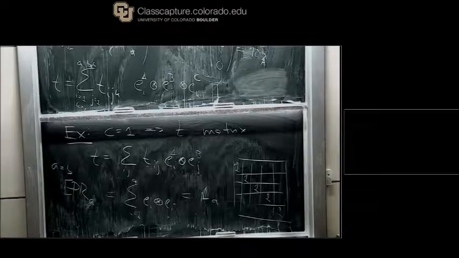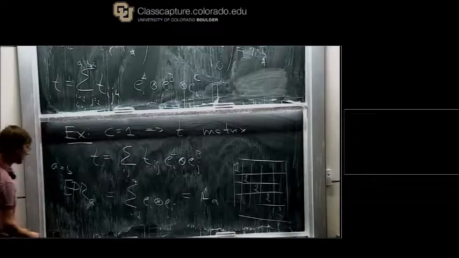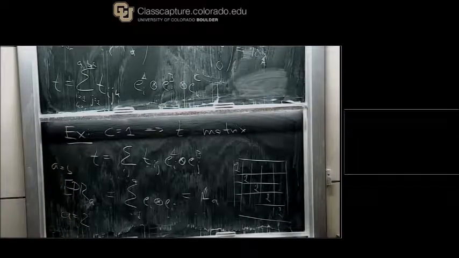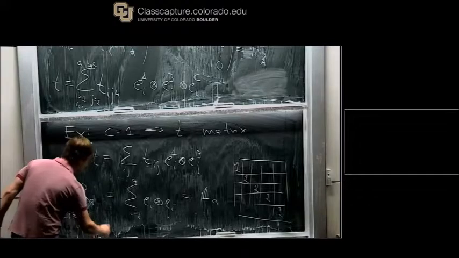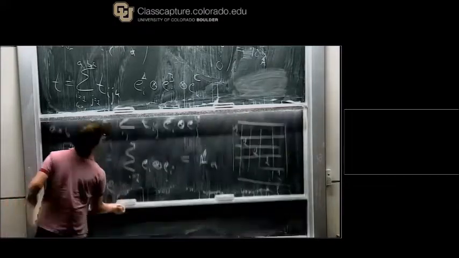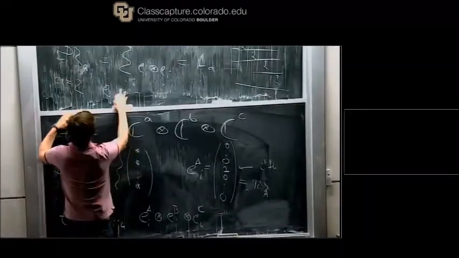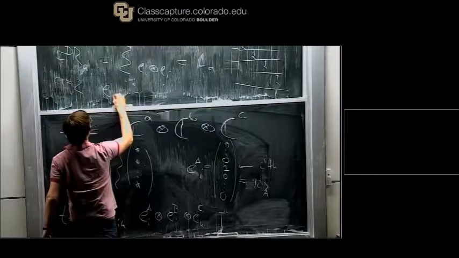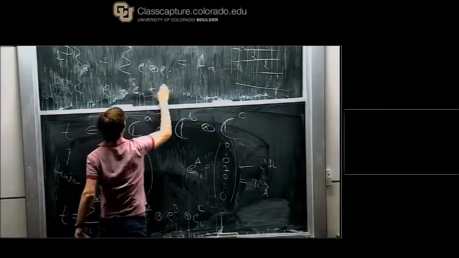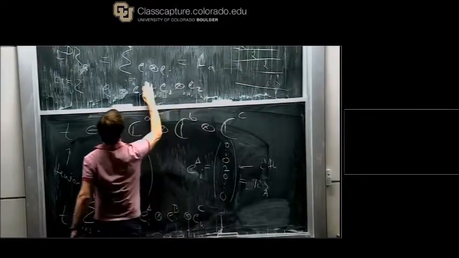Yes and no, it's more like a, so if you think of A equal 2 for the moment, so let's do the example where A is equal to 2, then we have the state E1 tensor E1 plus E2 tensor E2. Okay?